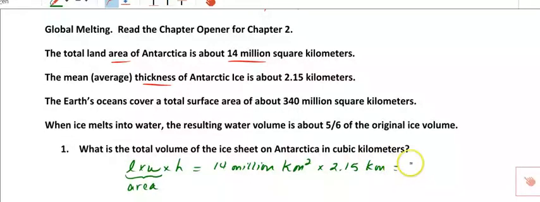Now notice what I'm multiplying. A square kilometer times a kilometer will give me the unit I need as far as cubic kilometers. Now I just need to do a multiplication. Well, that multiplication gives us 30,100,000 cubic kilometers of ice, the volume of the ice on Antarctica.